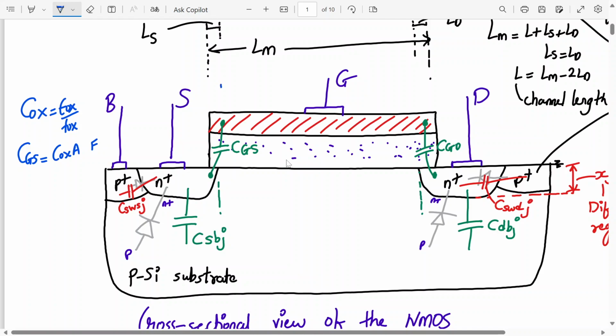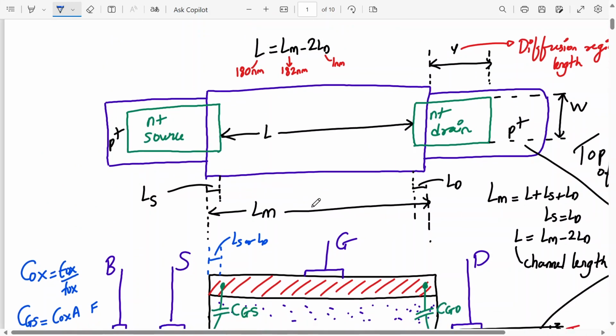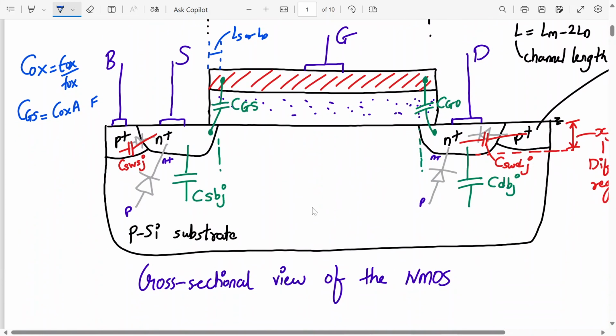So what is the area over here? It is the overlap area. Here we have LS or LD, because both are the same. And what is the width of this N plus region? It is W. So the area will be a strip like this, where this length is LD or LS and this is width W. So what is the area of this rectangle?